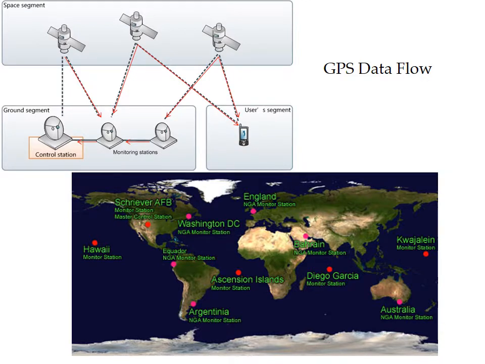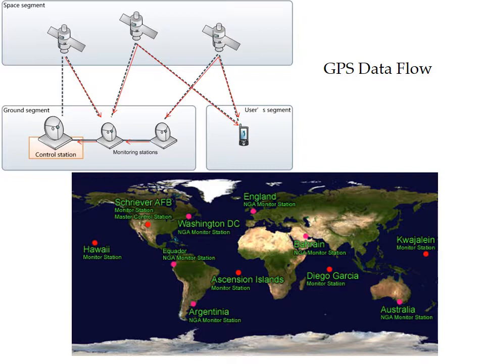It's critical that the satellites know exactly where they are and exactly what time it is, so they broadcast the correct information. So the satellites have a ground-based support staff of monitoring stations that are watching and ranging the GPS satellites very closely. And as the satellites move overhead, the monitoring stations are listening to the PRCs to see how accurately the satellites are broadcasting where they are and what time it is.